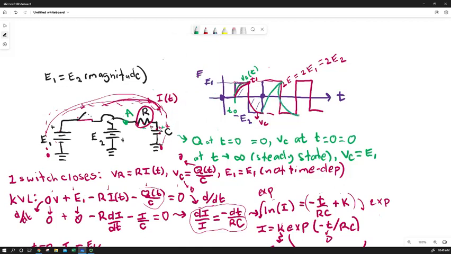And so when we measure V sub C, the voltage drop over the capacitor, we're going to get this green curve. So we're going to lose this first step for which we derived our nifty expression, V sub C equals E1 times 1 minus exponent of negative t over tau. Now we've got this curve, which is a little bit different.